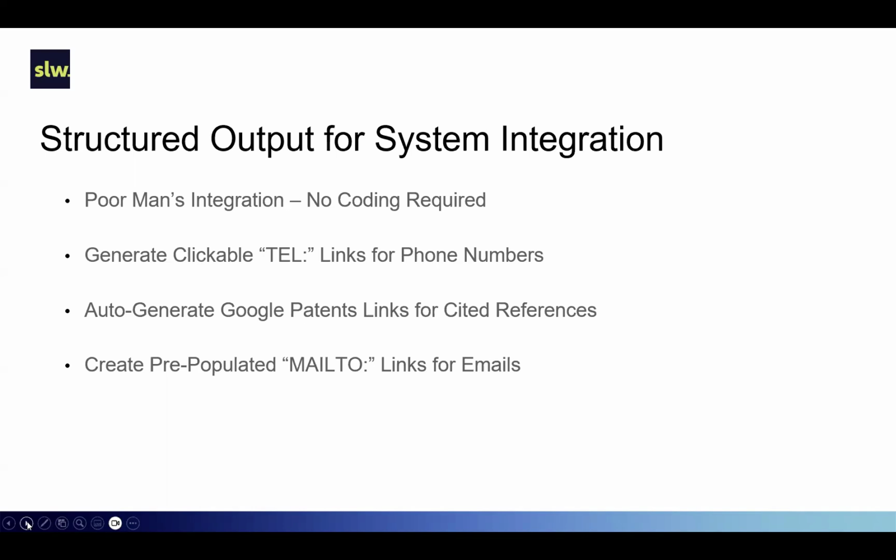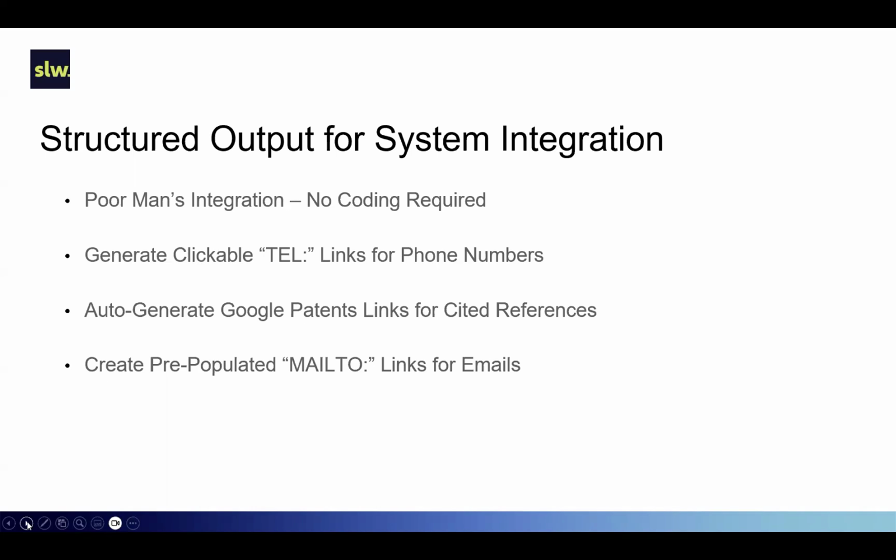For example, I have a prompt that will analyze an office action and extract from that the examiner's telephone number. It will then format and present the telephone number as a selectable link. So I will execute the prompt and then I can simply hit the link, and it will automatically use the operating system to figure out what my default communications application is for telephone calls.